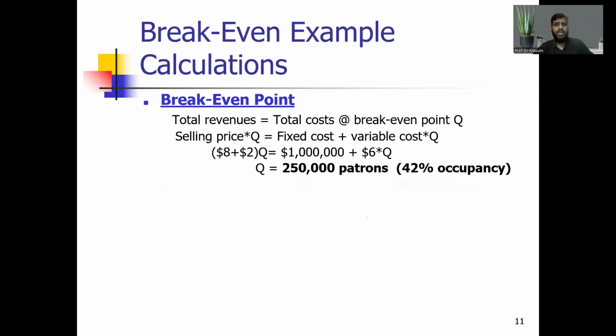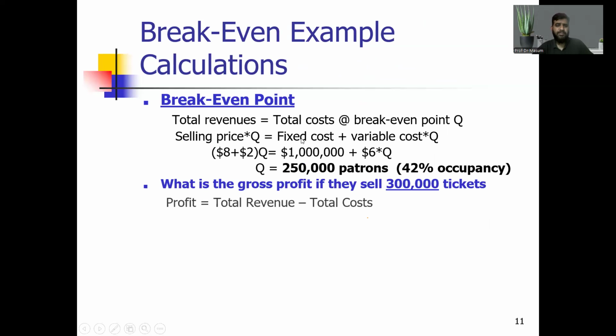Here they have used the total cost formula. Total cost equals fixed cost plus variable cost. Sorry, total revenue will be equal to total cost. It is the amount of revenue. Sales price is the $8 ticket price, additional revenue $2, $10 times quantity.